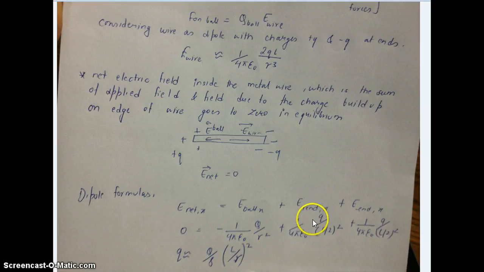At the positive end it will be 1 by 4 pi epsilon naught times q over (r minus l by 2) whole square, and at the negative end it will be 1 by 4 pi epsilon naught times q over (r plus l by 2) whole square. So if we do the calculation, we get the charge q on the wire to be Q, the charge of the ball, upon 8 times (l by r) whole square.